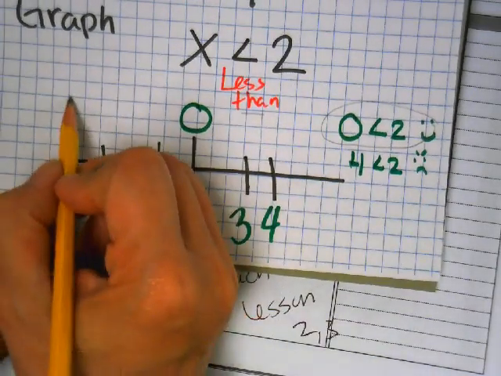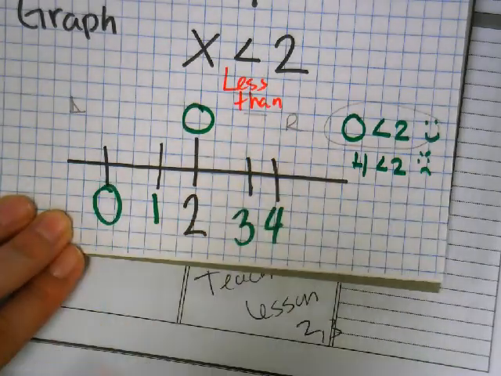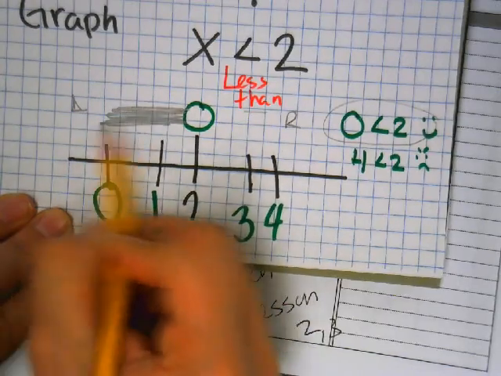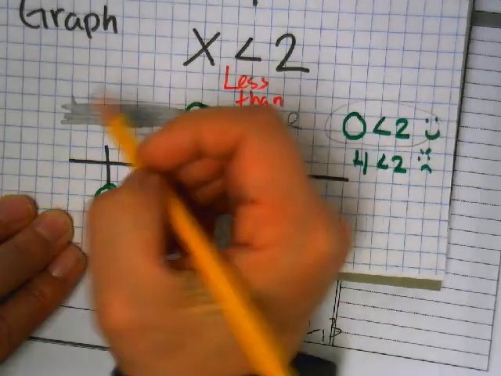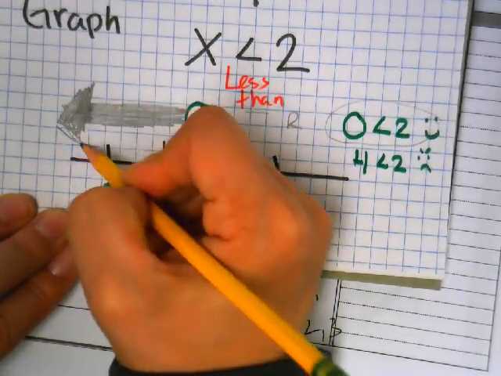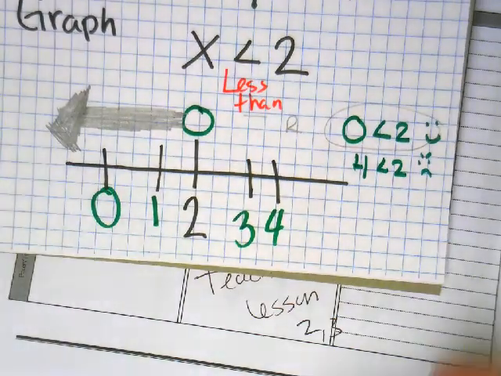Is it on the left side or is it on the right side? Left side. So I'm going to take my pencil and I'm going to shade pretty dark, showing, hey, guys, all of these numbers are less than 2. And why do you think I have to add a big arrow at the end?